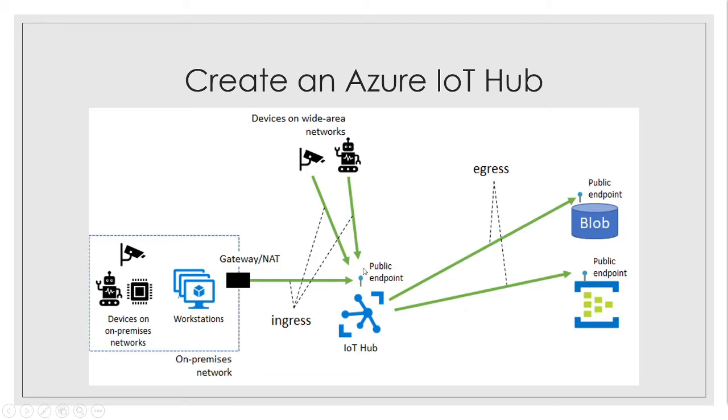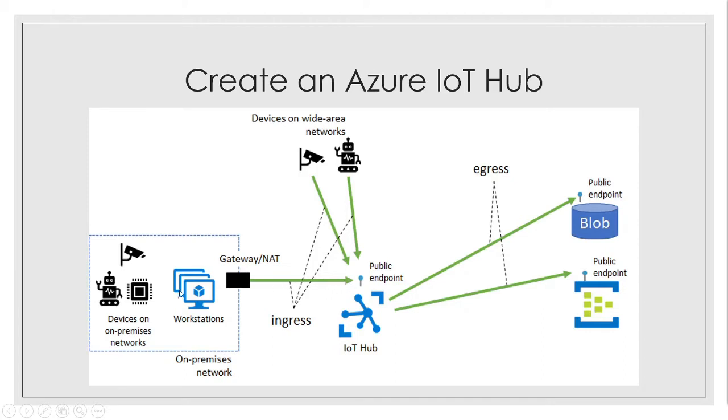Our IoT hub is accessed publicly. All the endpoints, inbound as well as outbound, for our IoT hub are public endpoints. That's the reason the sensors and the devices are able to identify and discover our Azure IoT hub and send messages to it.